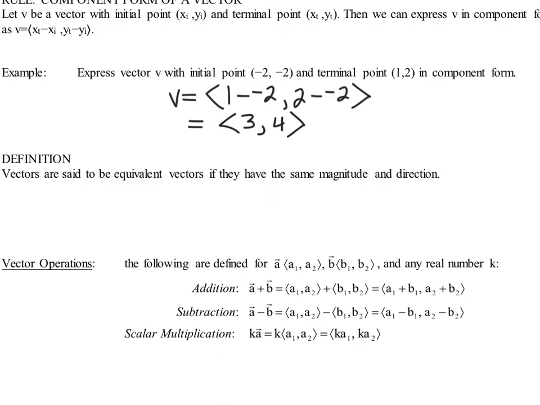Subtraction works the same way. Scalar multiplication, that's a dilation if you're thinking in terms of transformations. So if you double the coordinates, you're going to double its distance away from the origin. And that'll have impact on the distance overall, mathematically. But there are some other properties that aren't necessarily obvious.